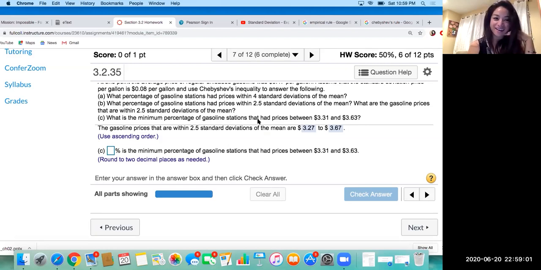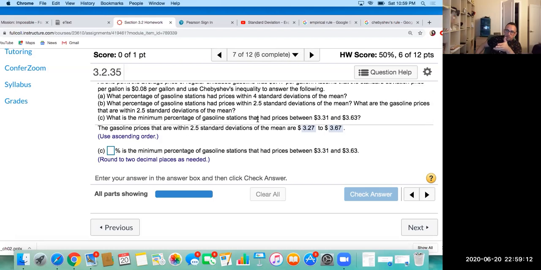But I like it. What is the minimum percentage of gasoline stations that had prices between 3.27 and 3.67? Okay, so for this one, we have to find out how many standard deviations we have gone out. What was the center again? 3.27 or 3.47?